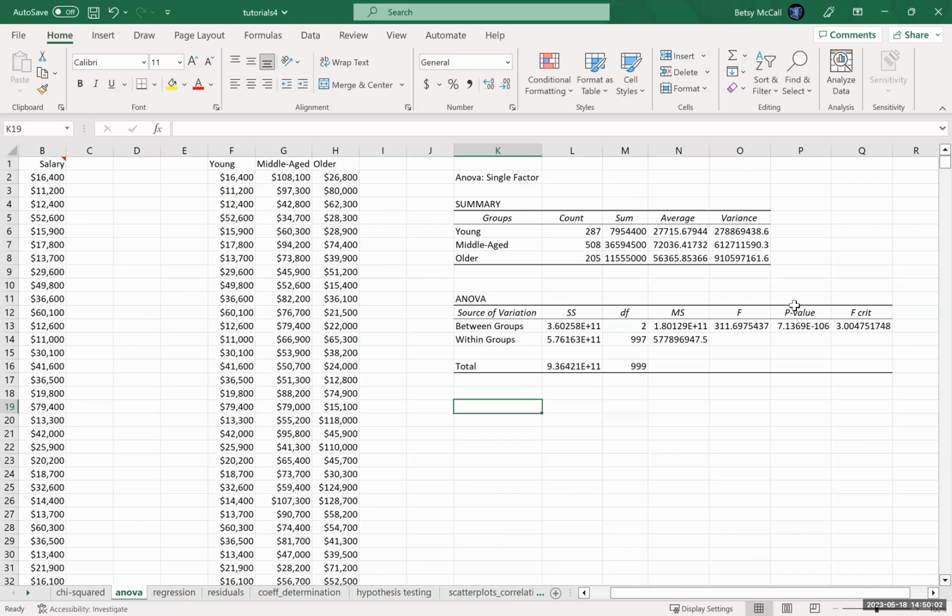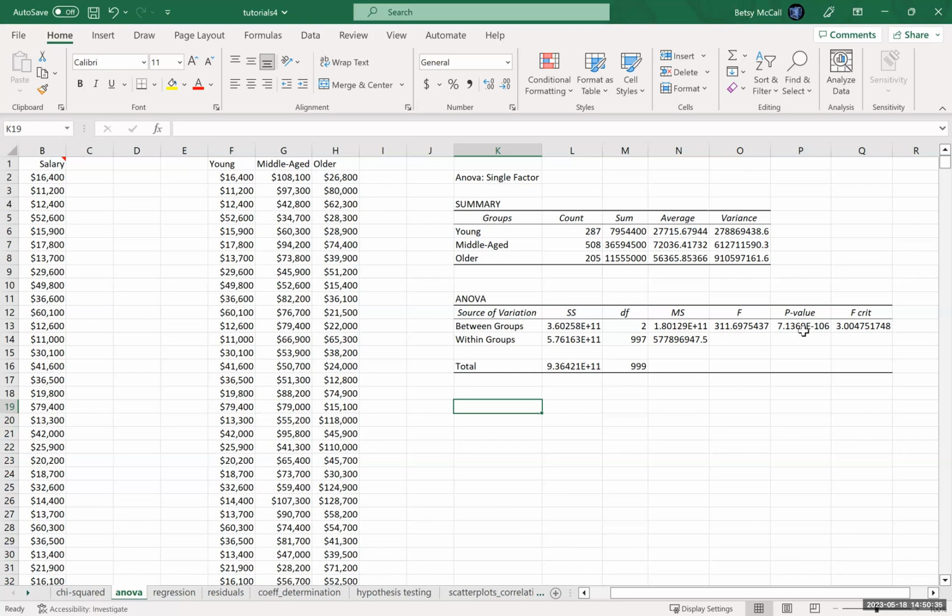The F distribution is also typically a right-skewed distribution, like the chi-squared test, but it has 2 degrees of freedom, calculated from the number of groups minus 1 and the total number of observations minus the number of groups. And then the ANOVA from the toolpack is going to convert this to a p-value.